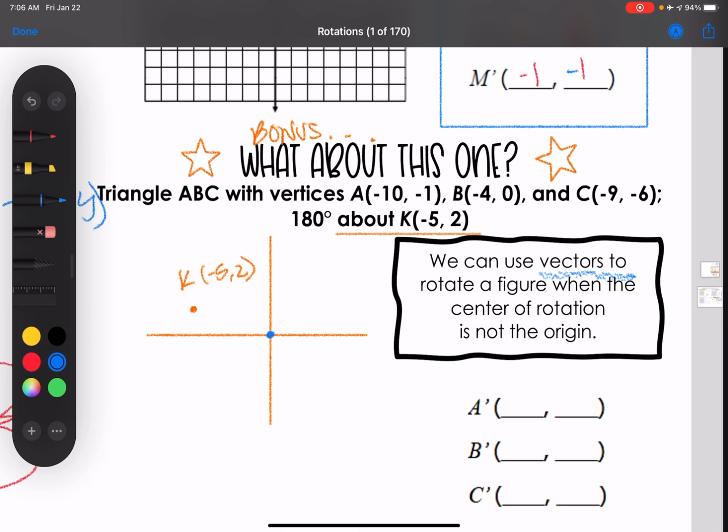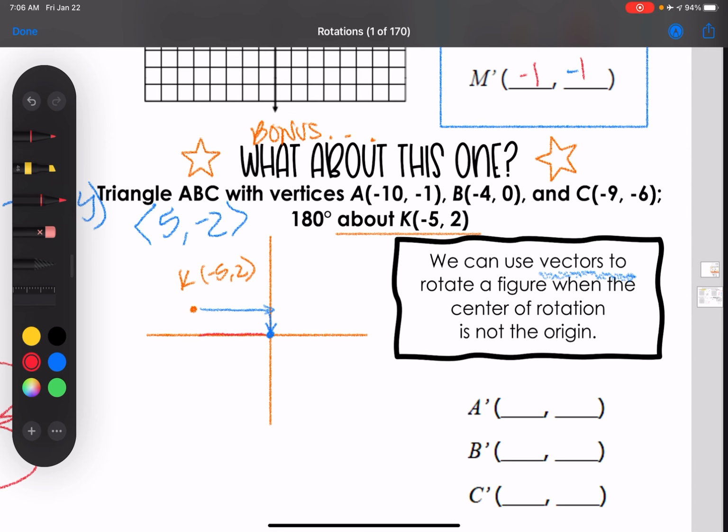So in order to do that, we're going to have to go to the right 5 because we write our x values first. And then we have to go down 2. And that vector is going to take us to the origin. Then we can rotate, and then we're going to have to re-bring it back.